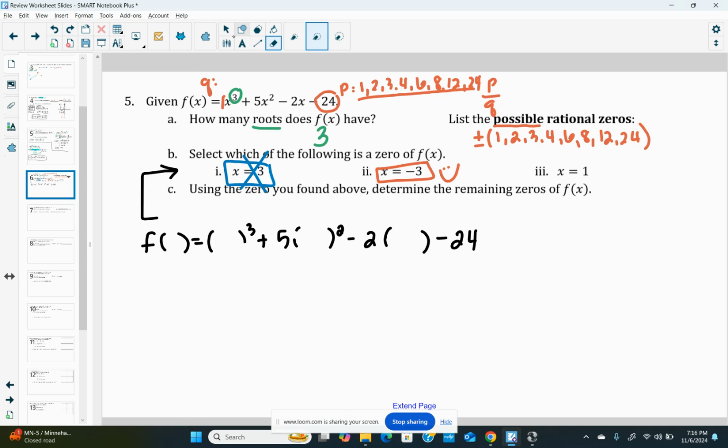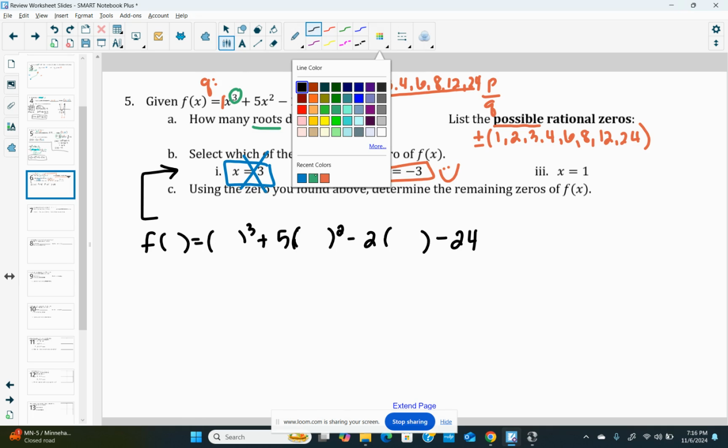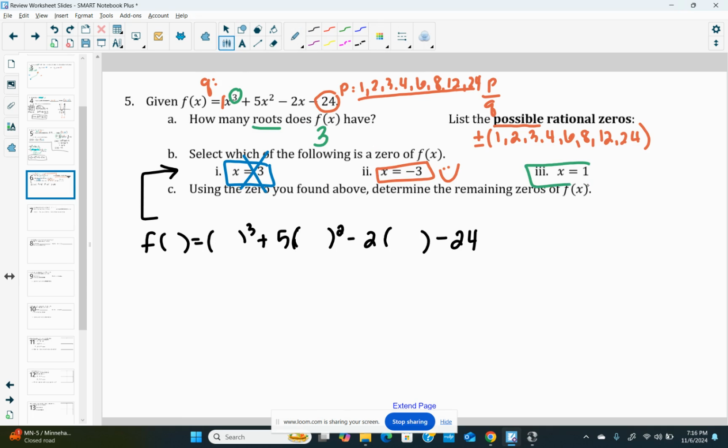So now plug in 1. 1 cubed is 1. 1 squared is 1 times 5 is 5. Then negative 2 and negative 24, which is not going to be 0. So that's not going to equal 0, so this is not going to be a factor.